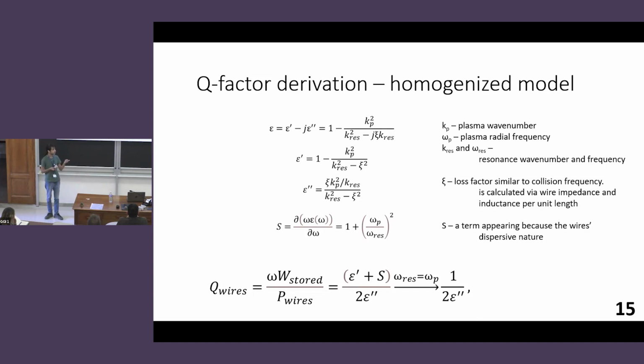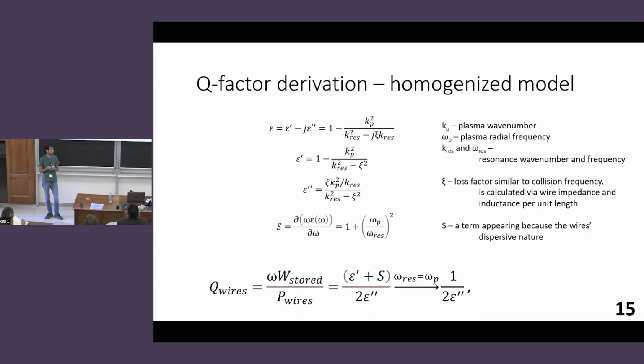And to check that, we initially derived the formula for the quality factor analytically, and it ends up just basically being 1 over the imaginary value of permittivity, at least in the limit of a very large cavity.